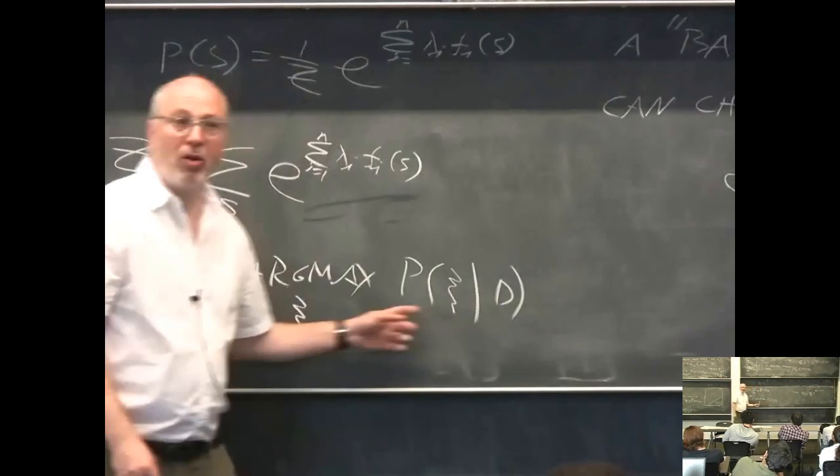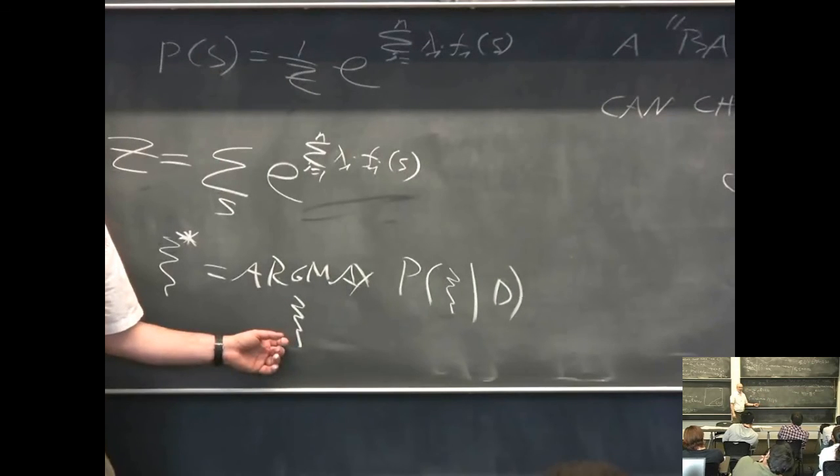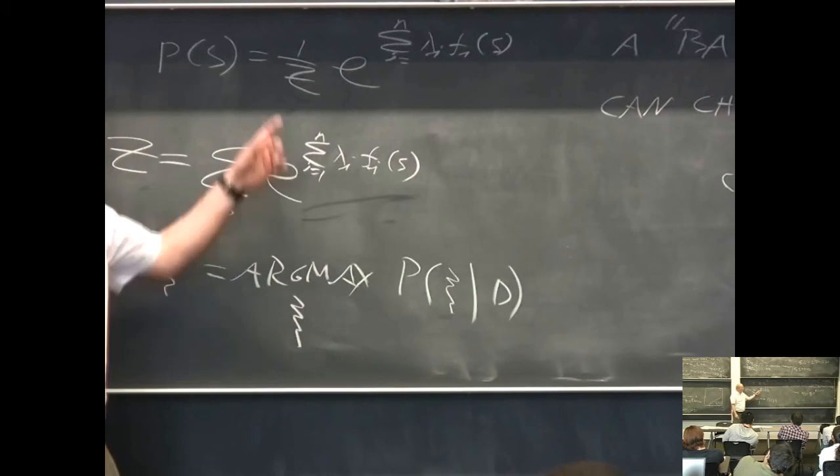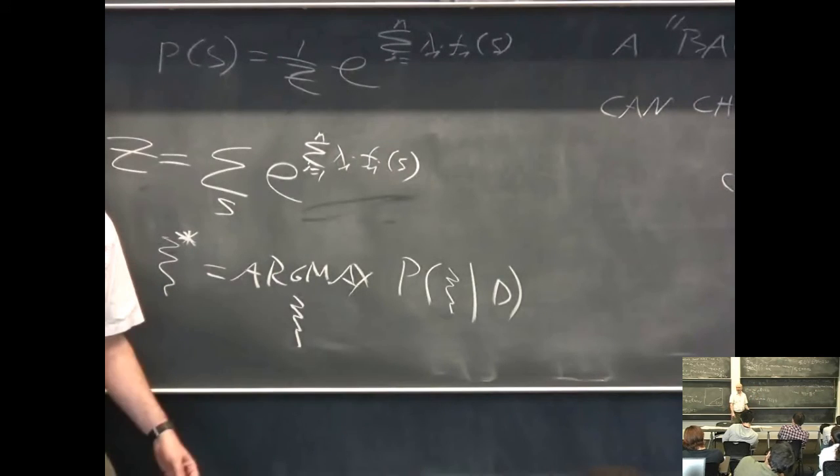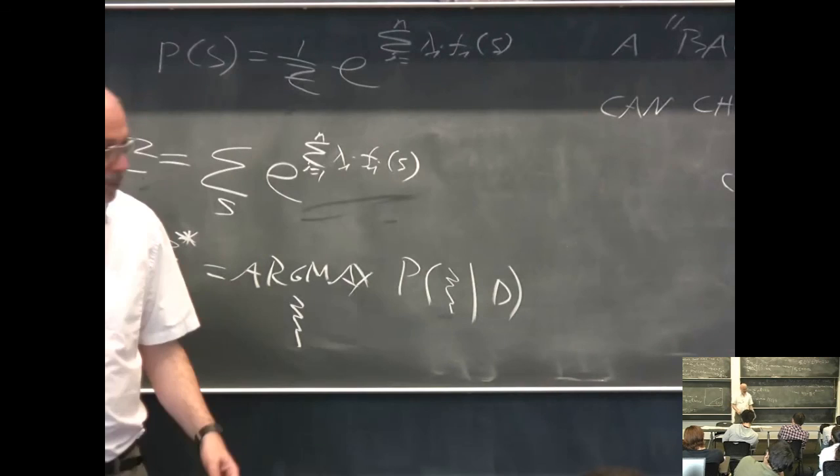And since you're only taking the max, you don't care; Z would just be a common constant to all of them. Okay? So we don't need that.